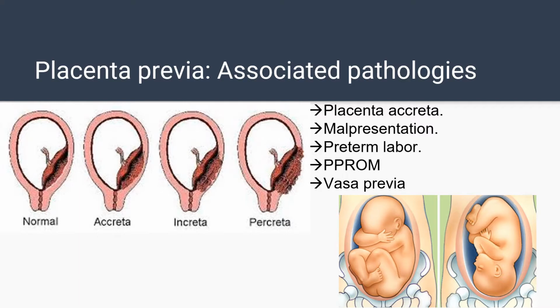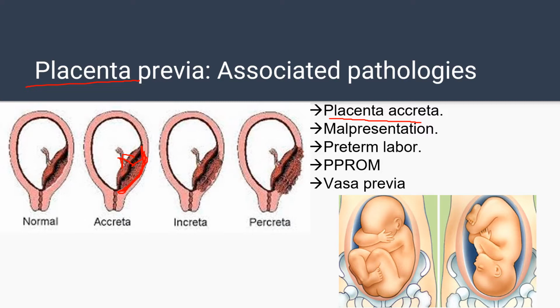Which associated pathologies can we have with a placenta previa? Well, these patients most of the time don't come alone. They can come with other things in addition. So they can have placenta accreta, which means the implantation of the placenta is deeper than normal, and it inserts in the myometrium. So at the moment of delivery, it is very difficult to pull it away. Sometimes the mother bleeds a lot and you don't know what to do.